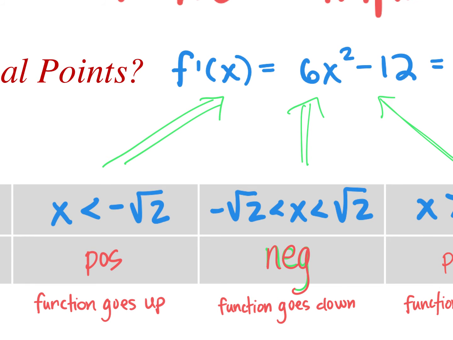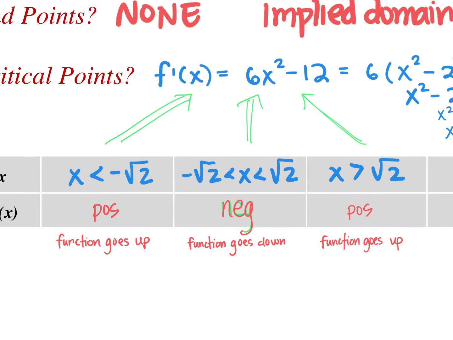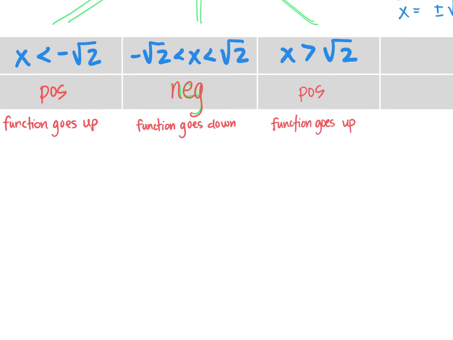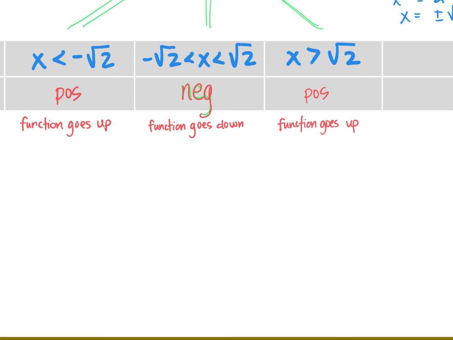So my function was going up, then it changed to going down, and then it switched back to going up again. Can you picture that in your head? The function was going up for a while, it changed to going down for a while, and then it changes back to going up again.